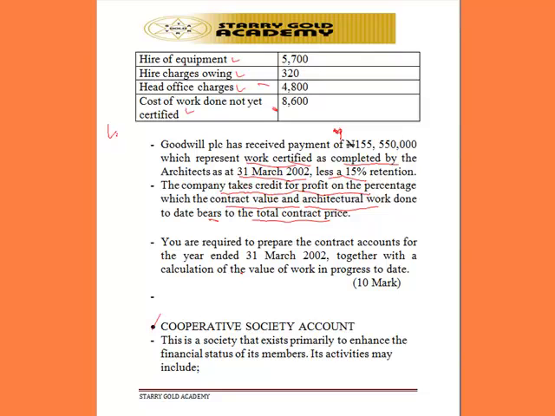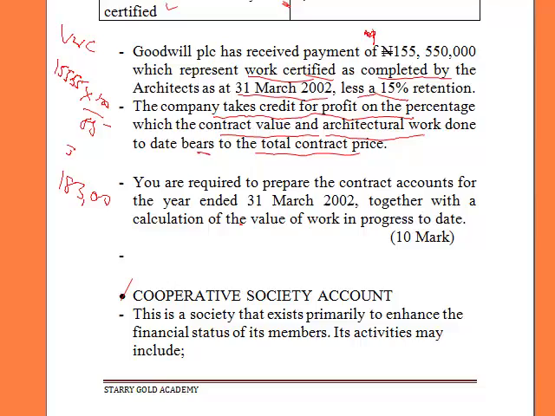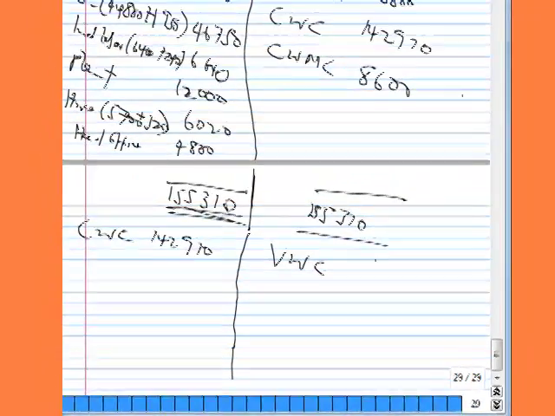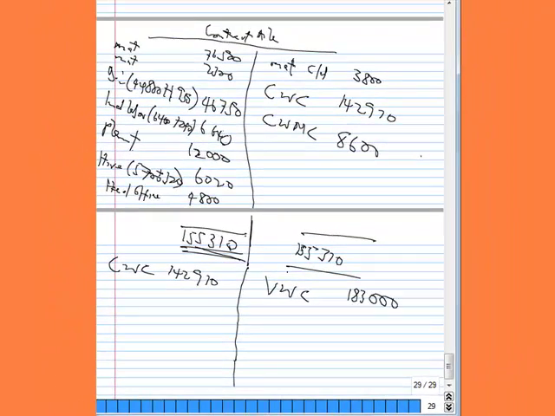So the value of work certified is 155,550 times 100 divided by 85, and that's 183,000. So the value of work certified is 183,000.